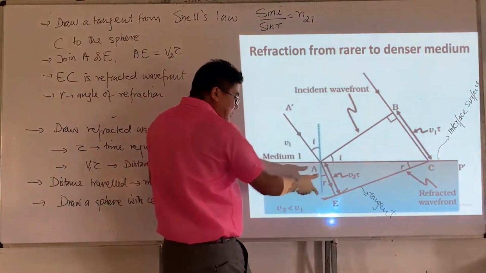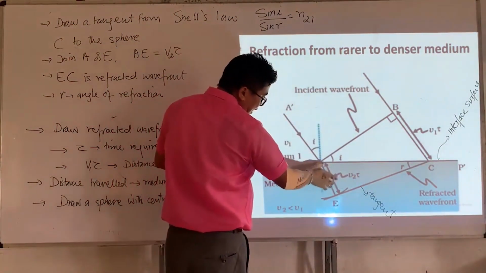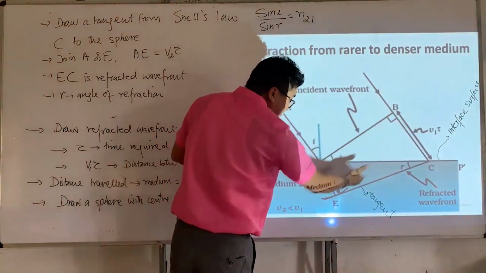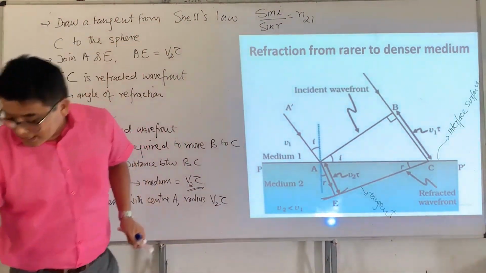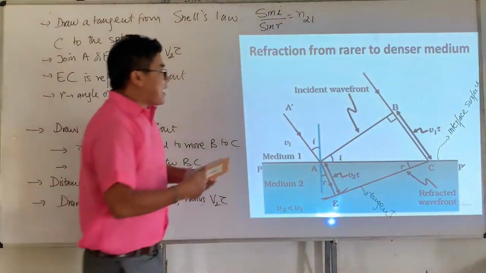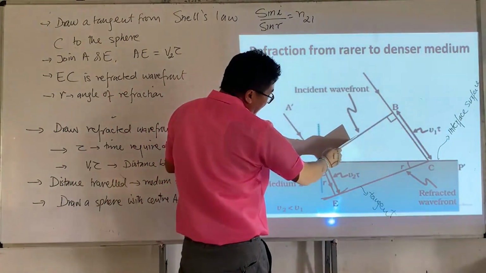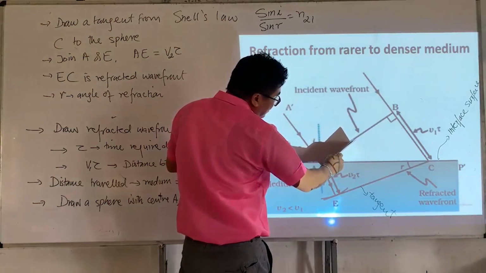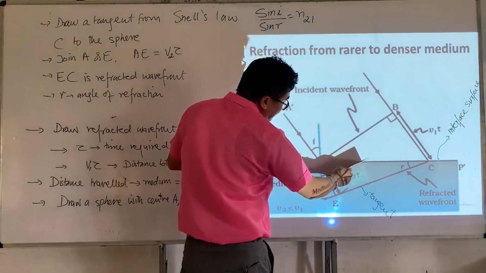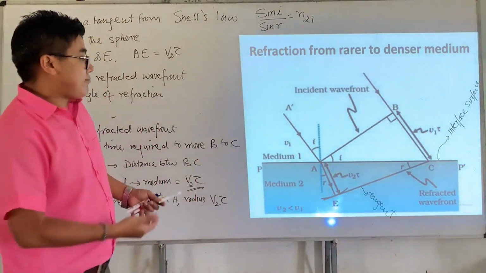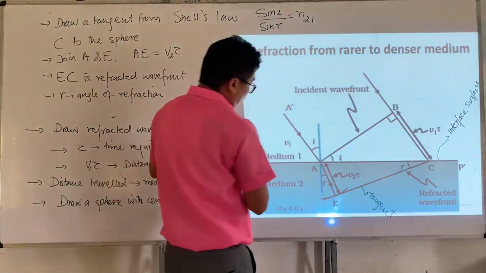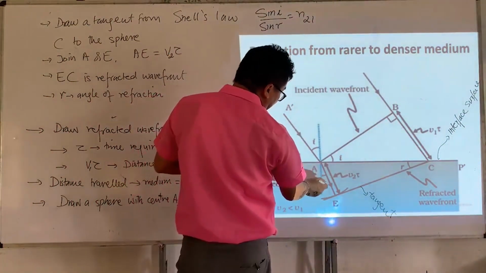So when you draw a sphere, and this is going to be a radius, and once you draw a tangent, we obtain the refracted waveform. So it is something like I just come here and this started moving a little slower and this starts moving a little faster, and then you can get the refracted waveform. So this is the angle of incidence and this is the angle of refraction.